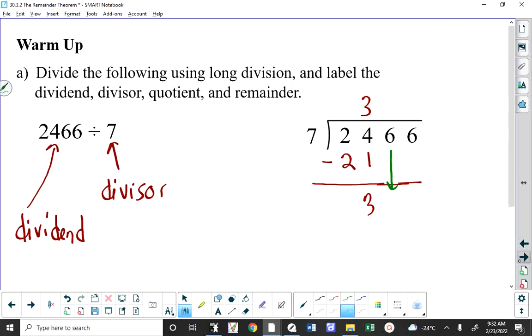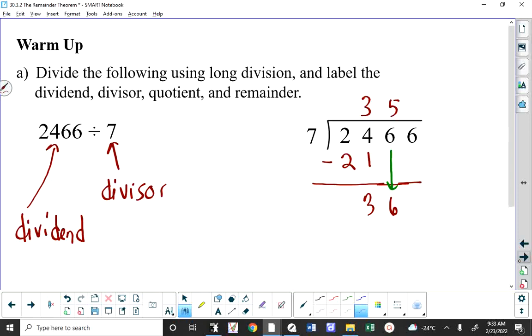So just like when we couldn't divide 7 into the 2, we looked at the next number added to it, written beside it. We do the same thing here. So we bring the 6 down. And then we say, how many times does 7 divide into 36? Let's see, 7 times 4 is 28. 7 times 5 is 35, so it's 5. So we put 5 up top.